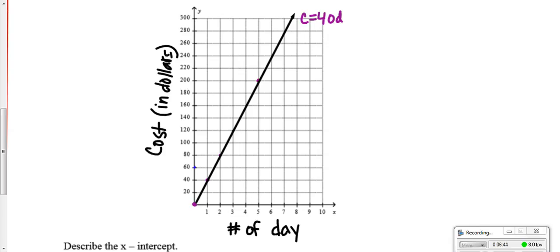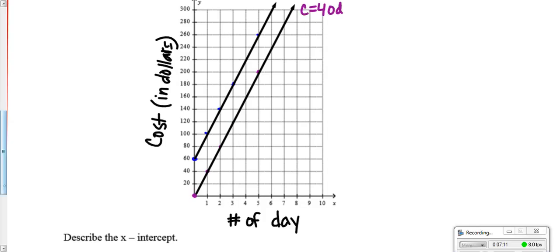So their starting cost is at 60, sorry, so it is 0, 60, and then they jump to 100, 140, 180, and then 260 on the fifth day. Same thing, use your ruler, connect those dots, extend it through the graph, and then label.